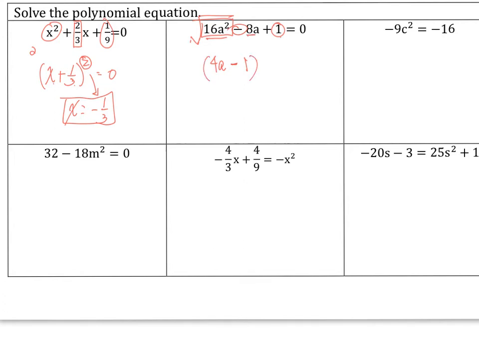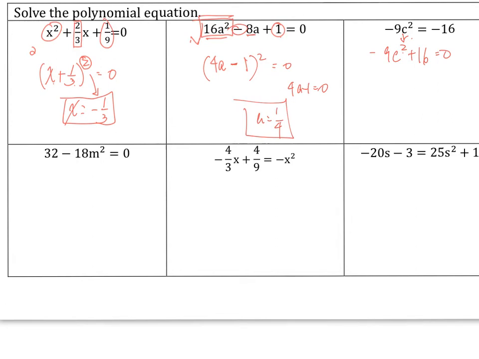And then I can square this. And then by using the zero product property, meaning 4a minus 1 equal to 0, I know a must be 1/4.